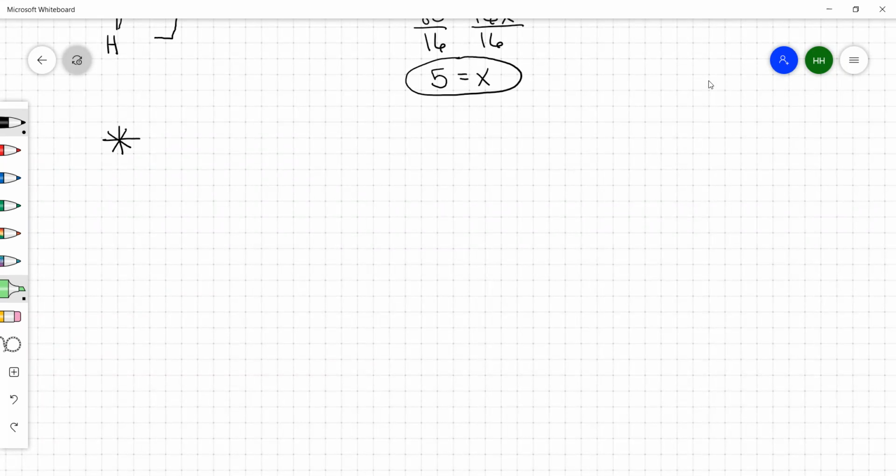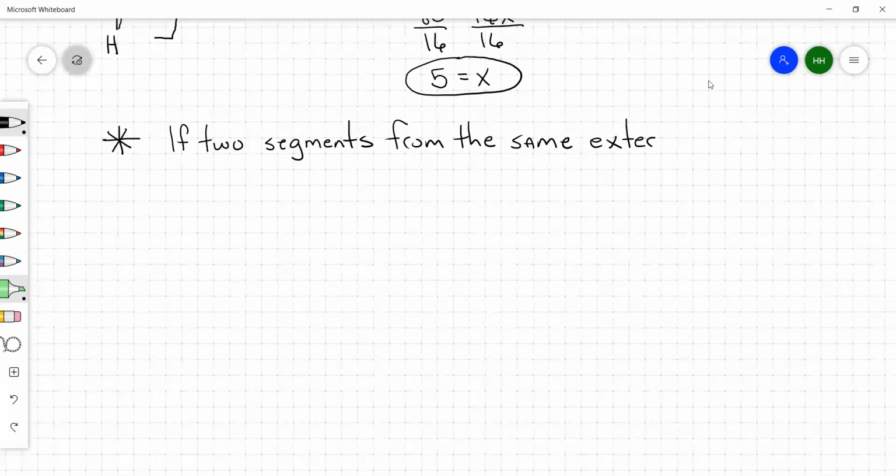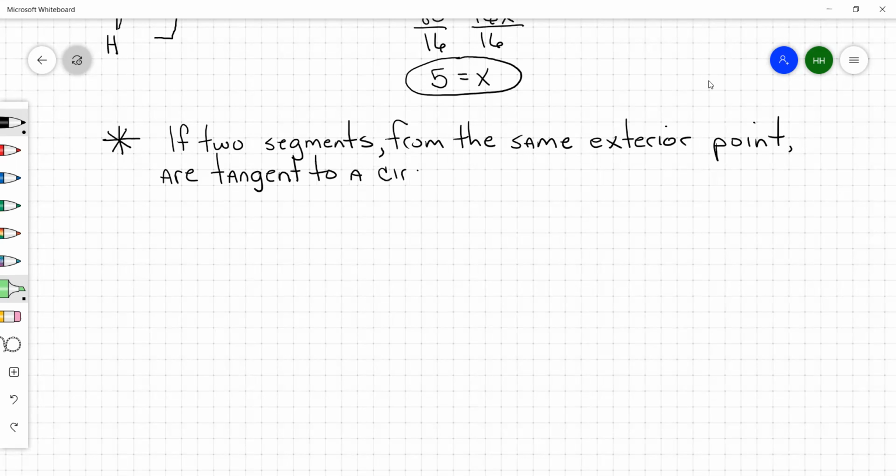And let's say that if two segments from the same exterior point are tangent to a circle, then they are congruent.